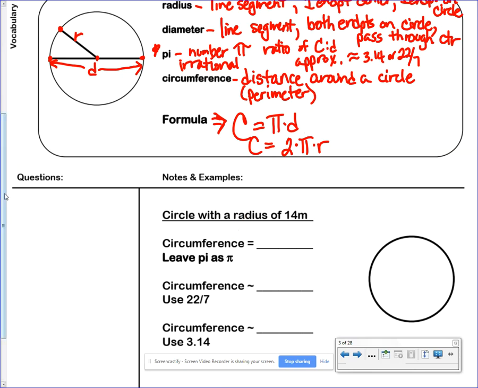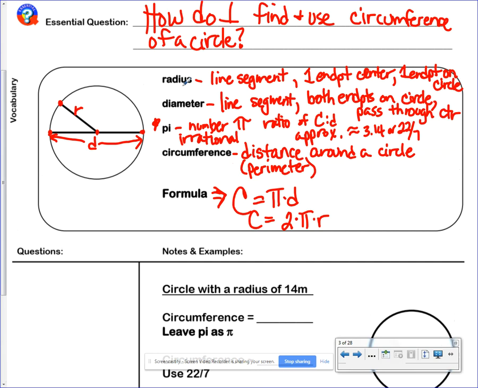And the reason we do that is, we didn't even talk about this. The radius is actually half the distance of a diameter. The diameter is 2 times the radius. That's the relationship they have.